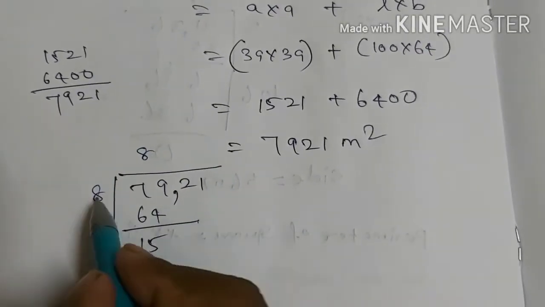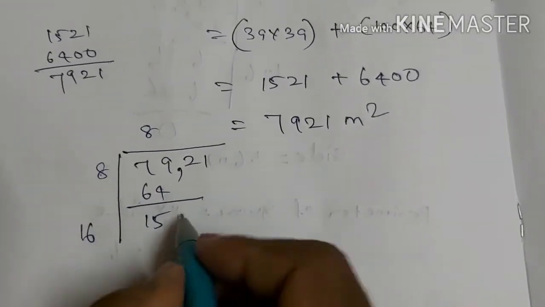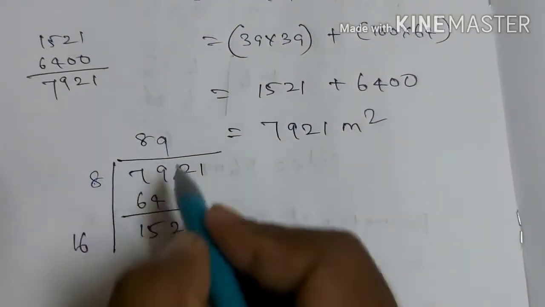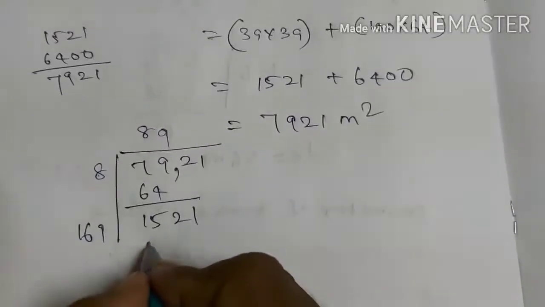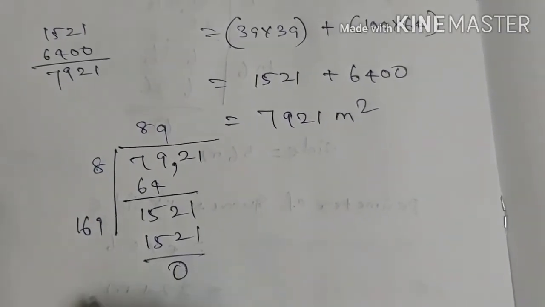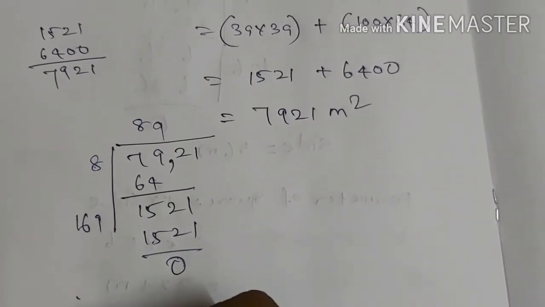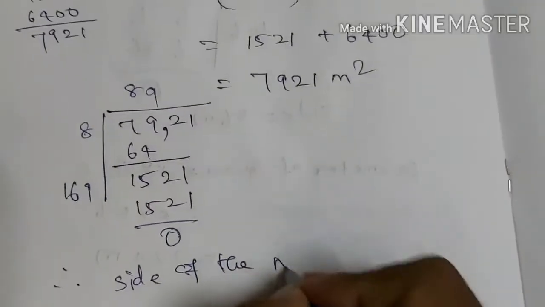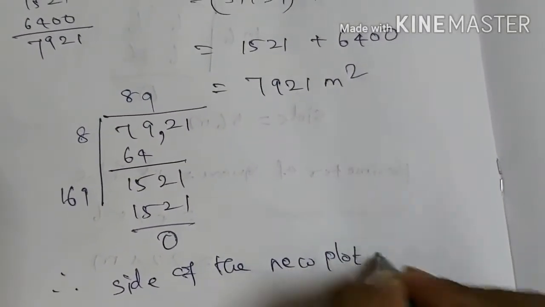Again 8 2s are 16, new step, so remaining 21. 1 means 1 or 9, so I put 9. So 9 multiply 9 gives 1521, so remainder value 0. So the length of the side of the new square flat is 89 meter.